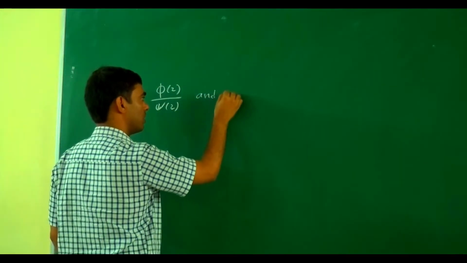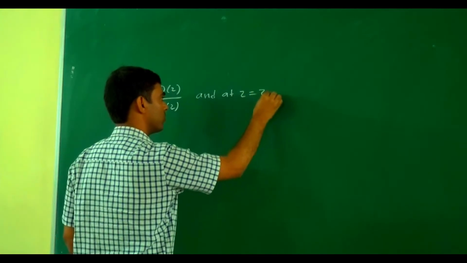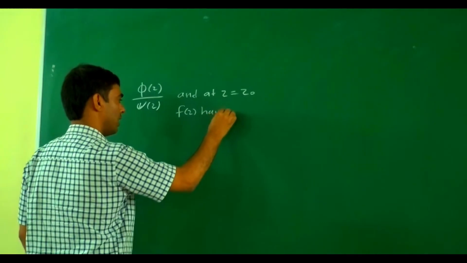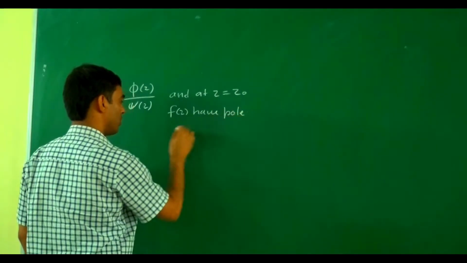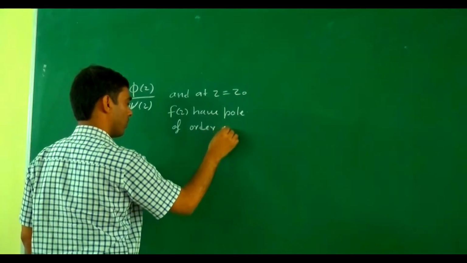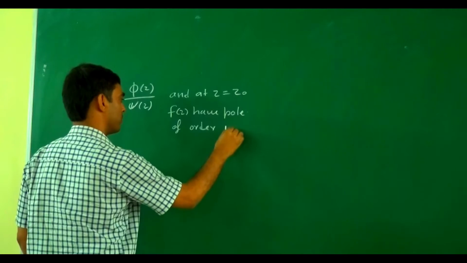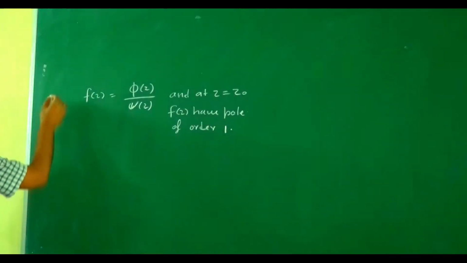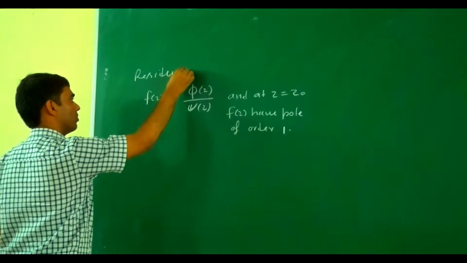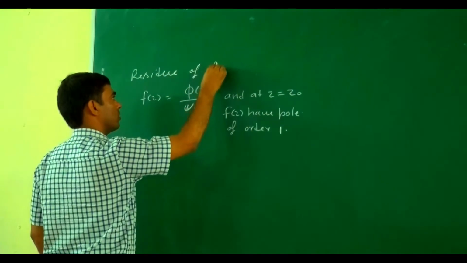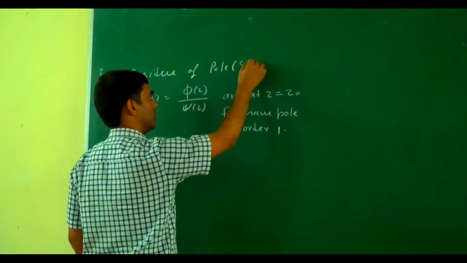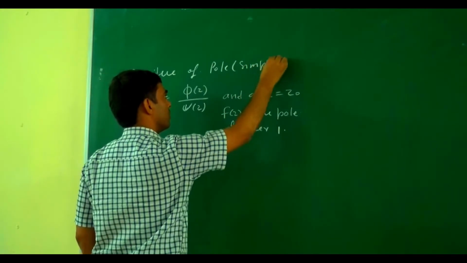And at z equals z0, f(z) has a pole of order 1, or a simple pole. Then how do we find the residue of the simple pole?